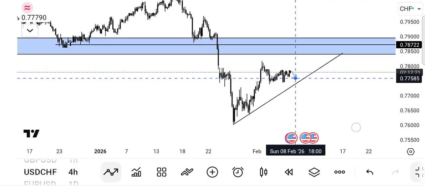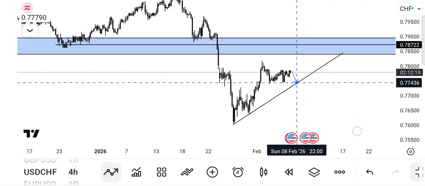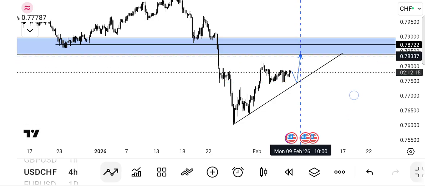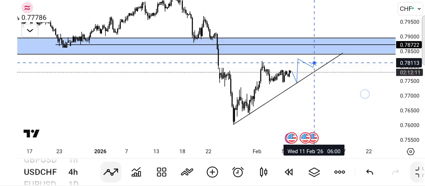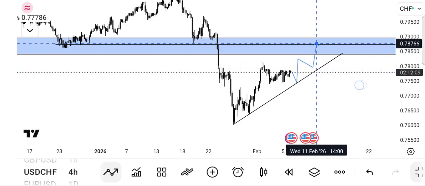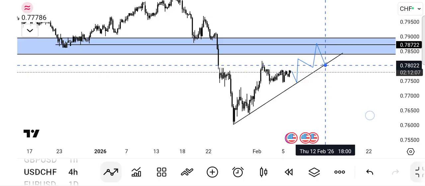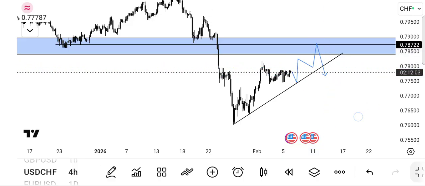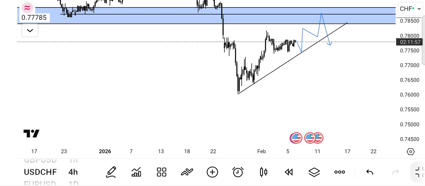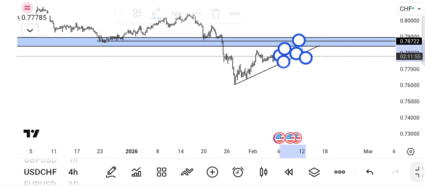Maybe it may come back to this zone today, then market may close, then next week market may open, create something like this, then pull back to this place, then come back here. Then I will likely take trade. So I'll be taking trade at the rate of break retest continuation pattern. Then I'll be dragging it to the next zone.